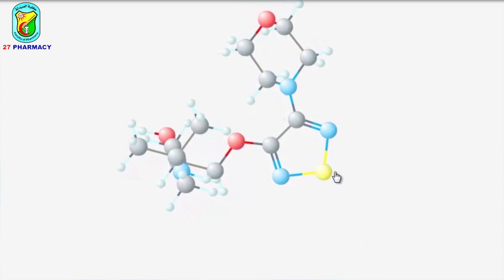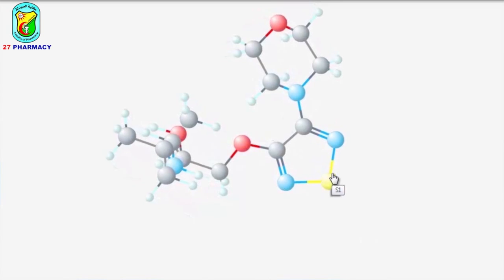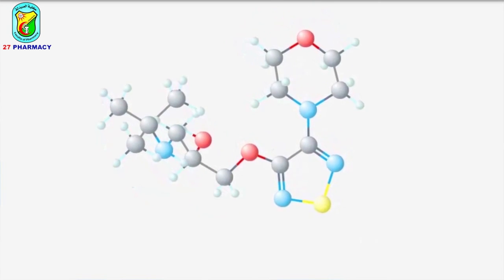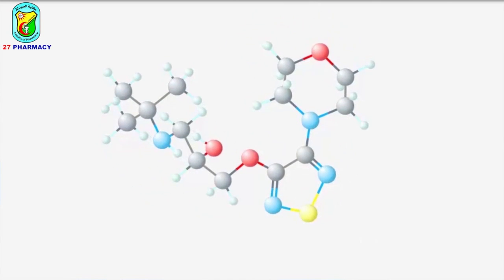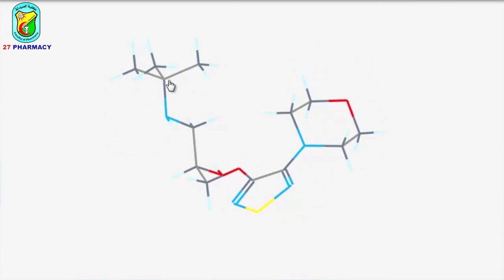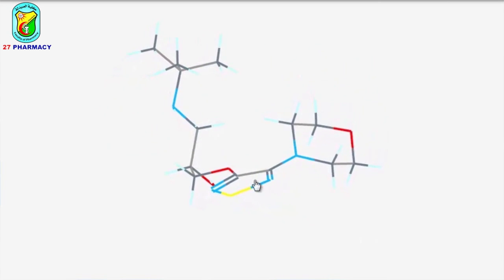Timolol has 1 atom of sulfur in its structure. Now we see Timolol in line formula or solid formula, and we can see single bonds and double bonds.